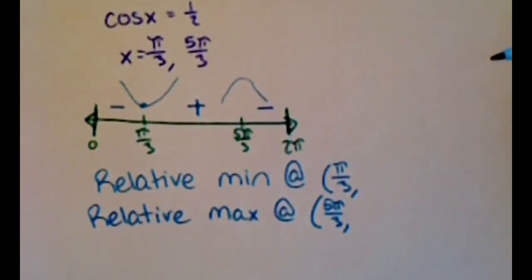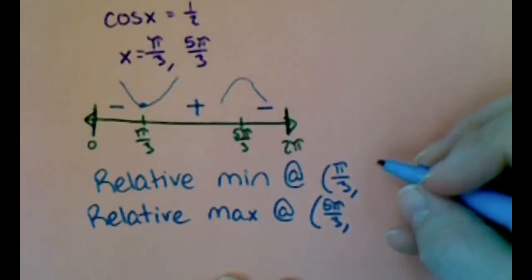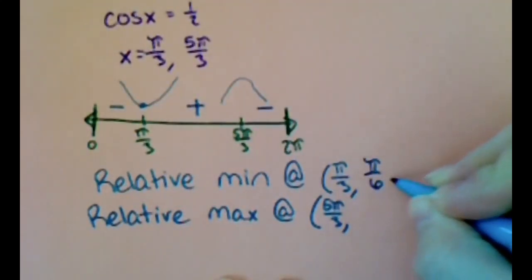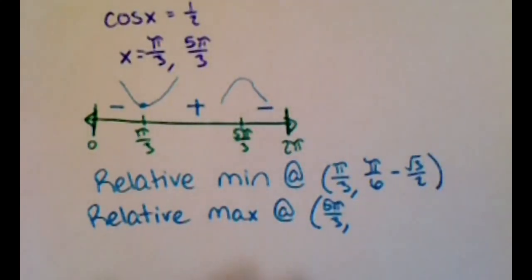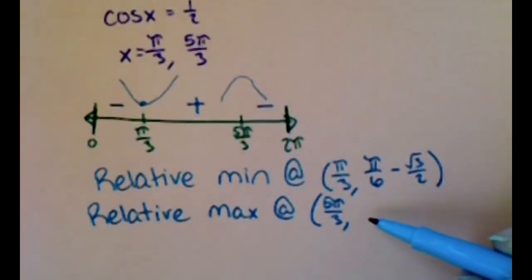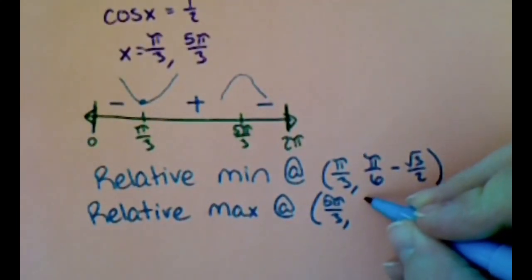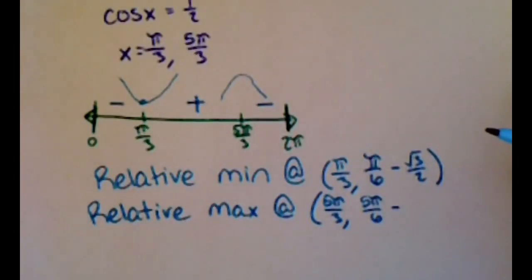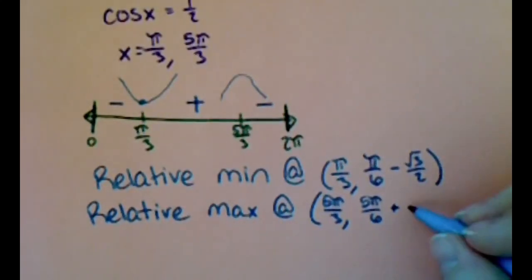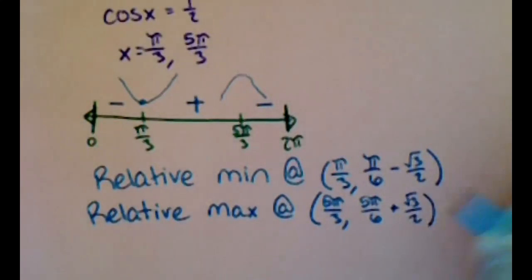So 1/2 times pi over 3 minus the sine of pi over 3 is going to give me pi over 6, since 1/2 times pi over 3 is pi over 6. The sine of pi over 3 is square root 3 over 2. We'll leave it like that. And at 5 pi over 3, 1/2 times 5 pi over 3 is 5 pi over 6, minus the sine of 5 pi over 3, which is negative, so plus square root 3 over 2. And there we have our answer.